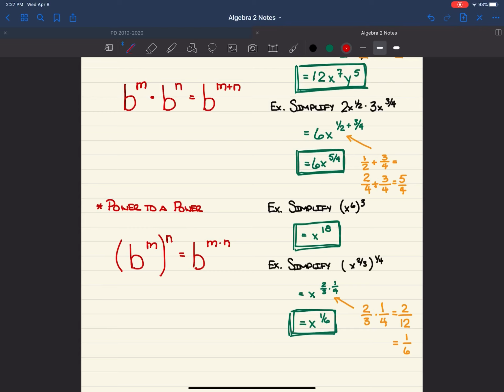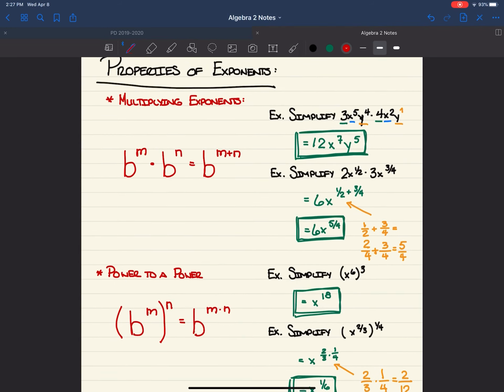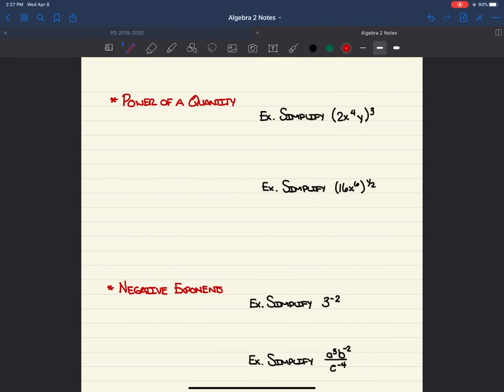So if we go ahead and move along following these two properties, our third property is what we call power of a quantity. So power of a quantity would be, for example, if I had here maybe the number 3 times some base to the power of m, and then we raise that whole quantity to the power of n.